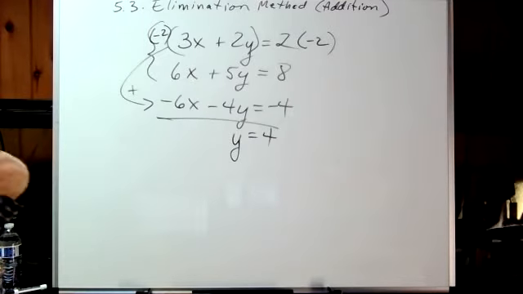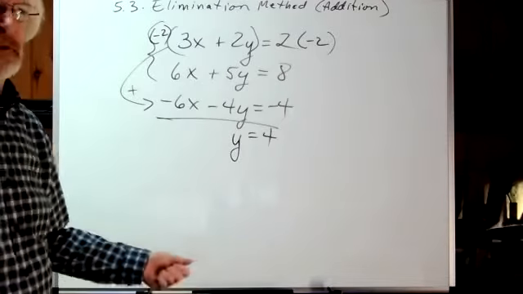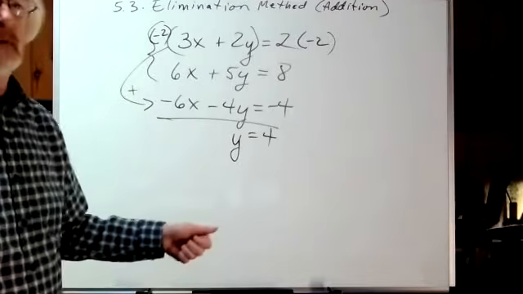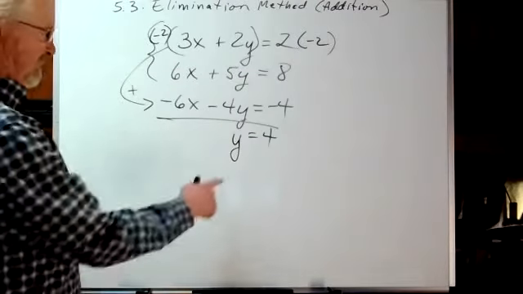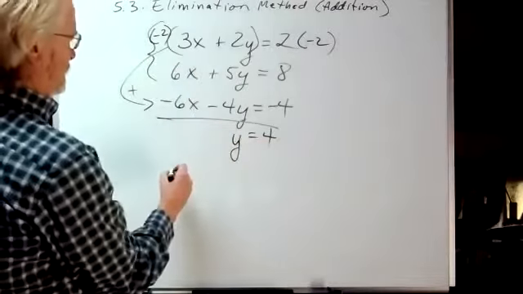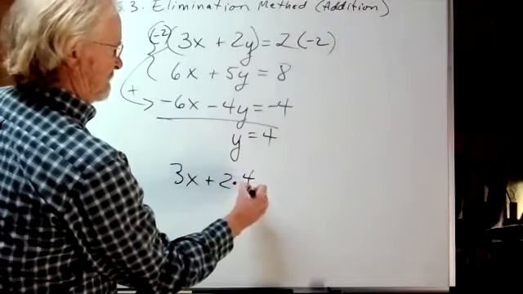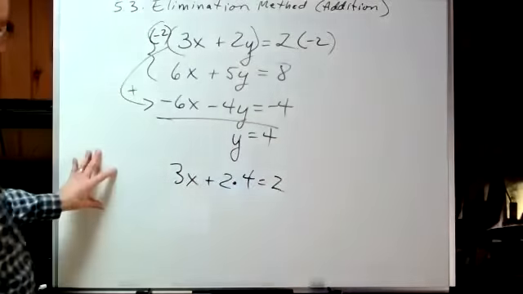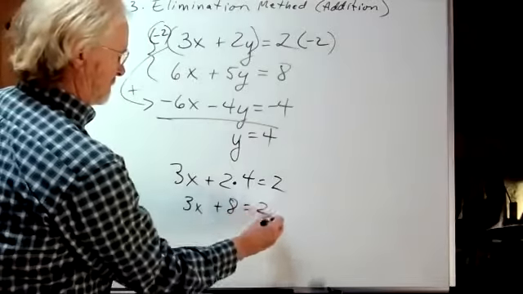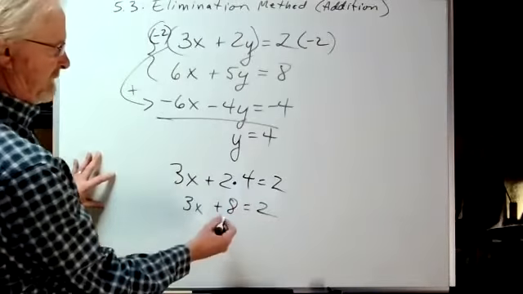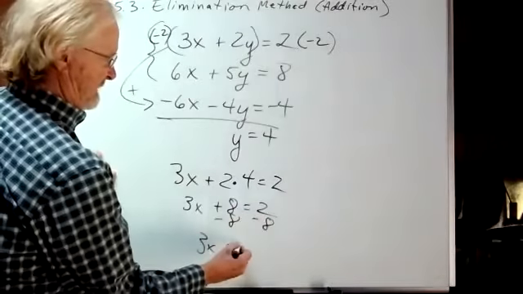Okay? Almost always, we have to find both variables. Like that one example yesterday where you just wanted the number of policies, but almost always we have to find both variables. So y is a 4, I'll use the first one just because it's smaller numbers, totally arbitrary. Subtract the 8, and I get 3x is negative 6.